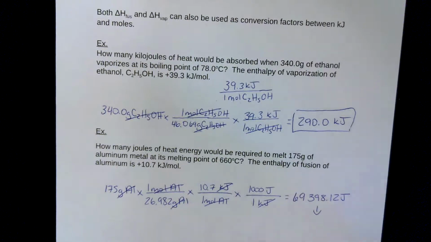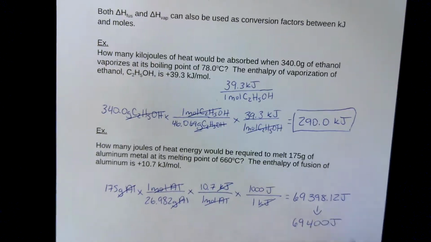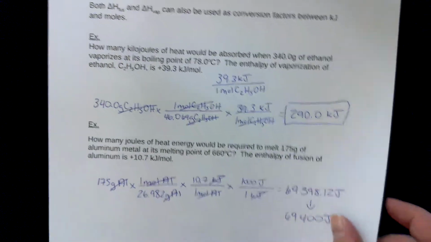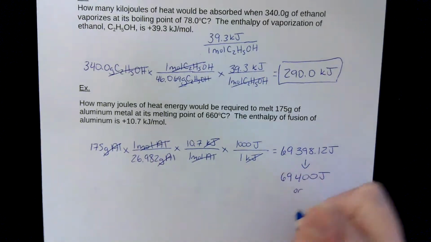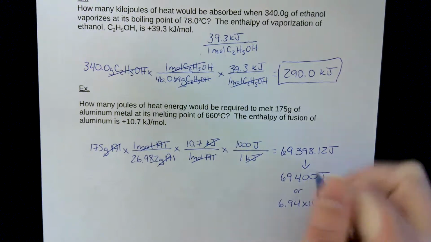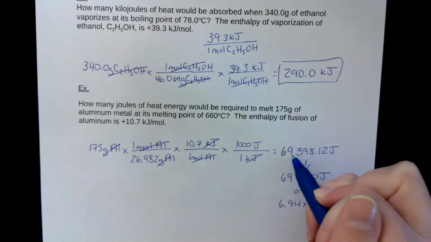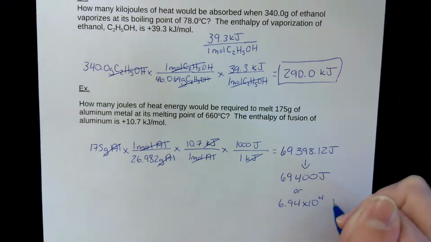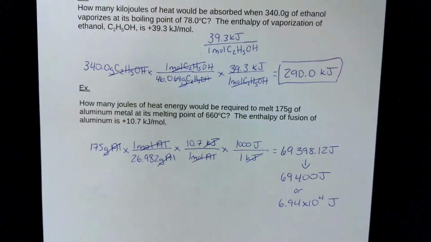I can round to 69,400 joules, and that would be 3 sig figs. Or I can put this in scientific notation, in which case it would be 6.94 times 10 to the 4th joules. So either of these would be just fine.